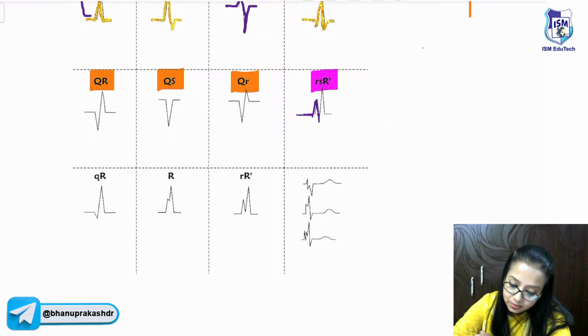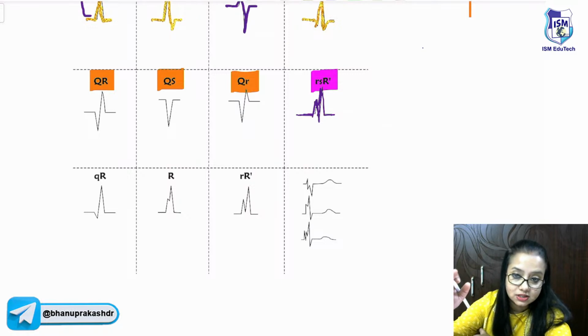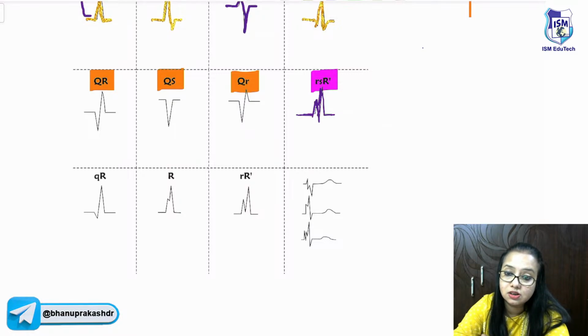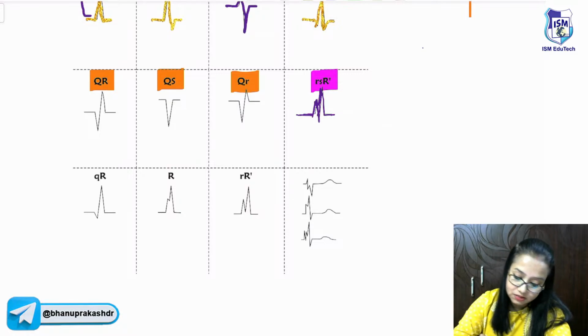So R, S, and then you have a bigger positive deflection for the second time. Such a bigger positive deflection is of the R wave only. That means the ventricle is again depolarizing. First there was a smaller depolarization, followed by the lateral wall depolarization, and maybe re-entry of a current caused the depolarization of the major area of the ventricle again.